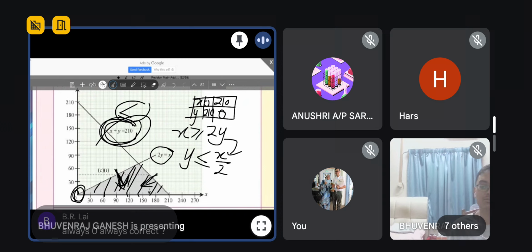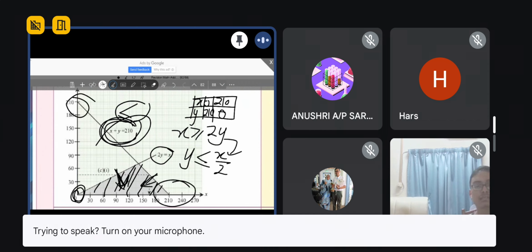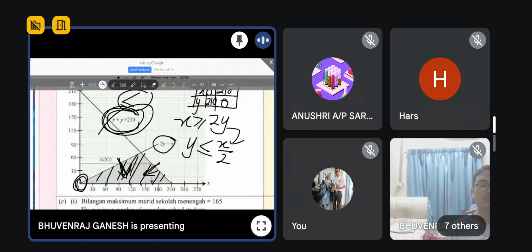So you just mark the x over there. Yes, usually it's always correct. Any type of equation also, it will cut the x or y axis. Dia akan pintas. So means that one value will be 0. Okay? So this is your graph.